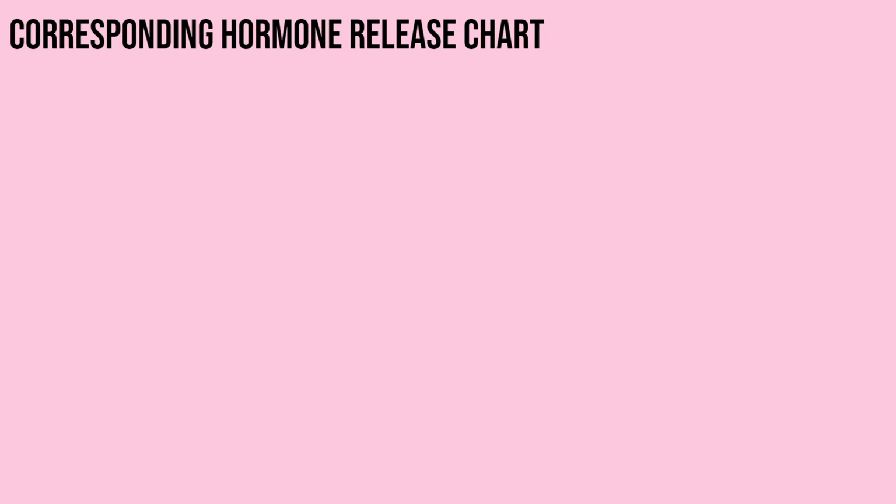So that's what FSH looks like. And if you remember, the corpus luteum is releasing progesterone and estrogen, which are inhibiting FSH. So that's why it's low in the luteal phase.